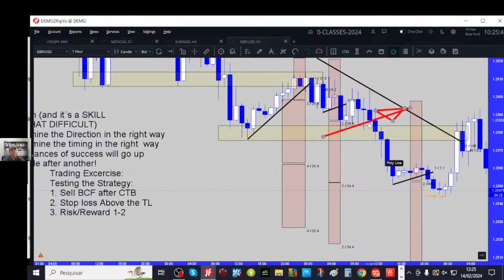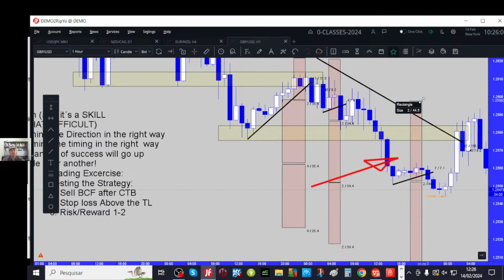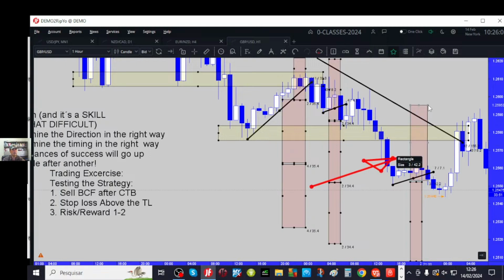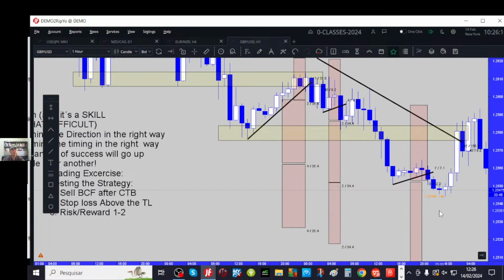Stop loss above the trend line, right? It almost hit my stop. Yeah, fair enough. If the stop loss would be a bit lower, I would be stopped out. But can you see, everybody? If I would put the stop loss above the candlestick formation, I would be stopped out. Can you see it? So we are testing this strategy, all right?